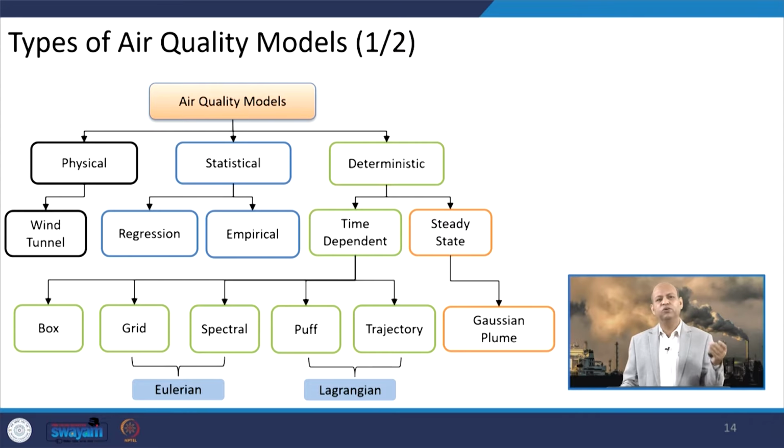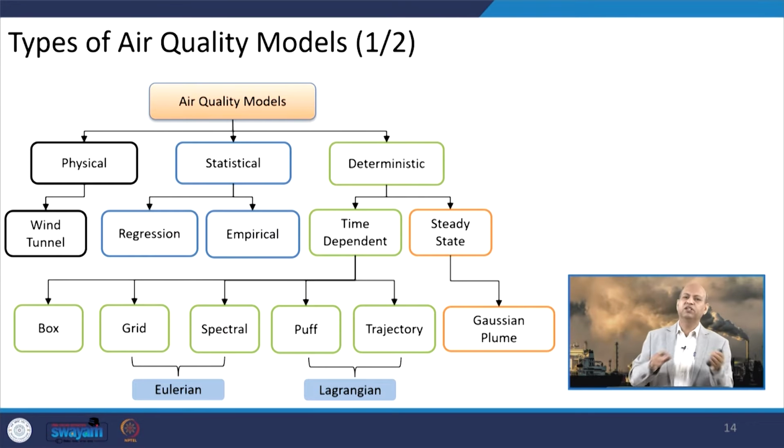Some inert pollutant or tracers you can use for having readings at different points. If you want to see the impact on multi-story buildings, those kind of small structures you can fit in the wind tunnel and accordingly you can model. That is physical modeling.